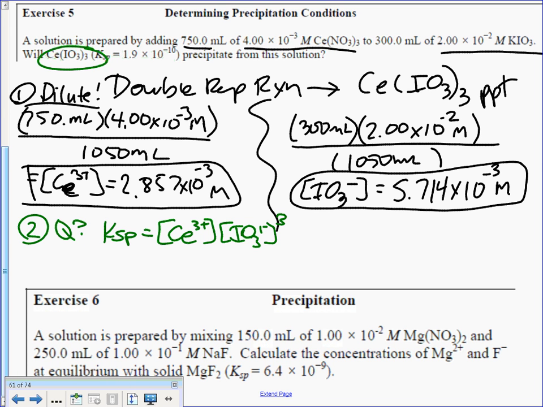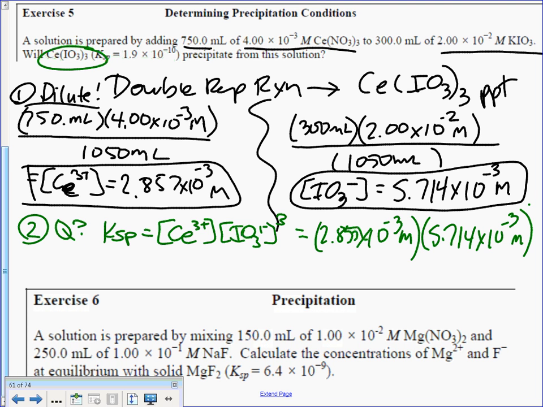I do want you to write that out first because you'll forget to cube it. I know you people, you will, because I do. And then from here, we're just going to plug in the values we got from dilution. So 2.857 times 10 to the negative third molar to the first power, and then 5.714 times 10 to the negative third molar cubed.